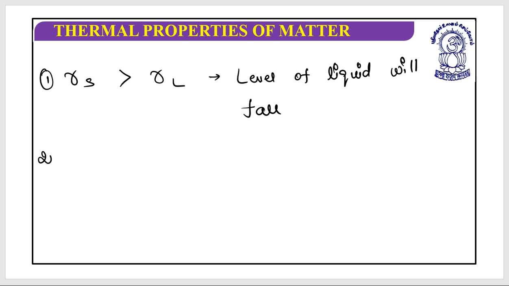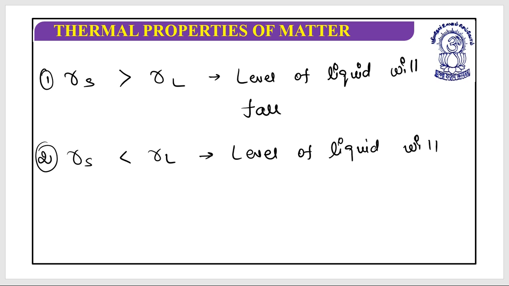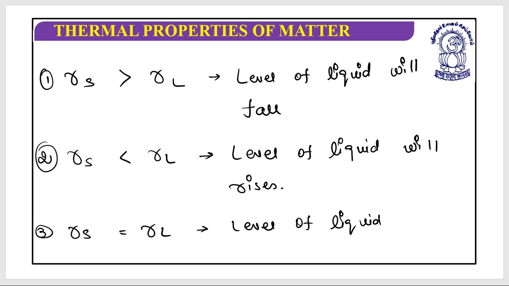In the second case, if gamma of solid is less than gamma of liquid, then the level of liquid will rise. And if gamma of solid is equal to gamma of liquid, then the level of liquid will appear the same.